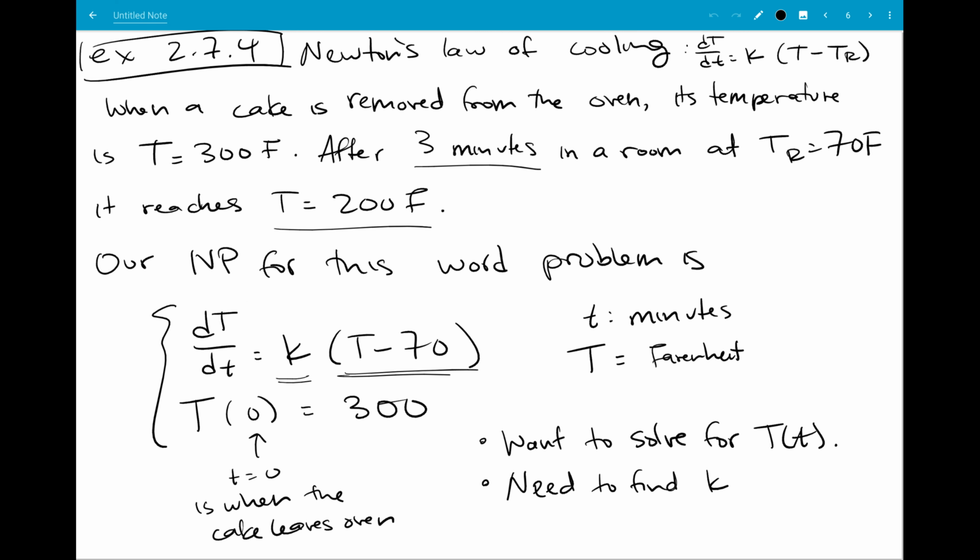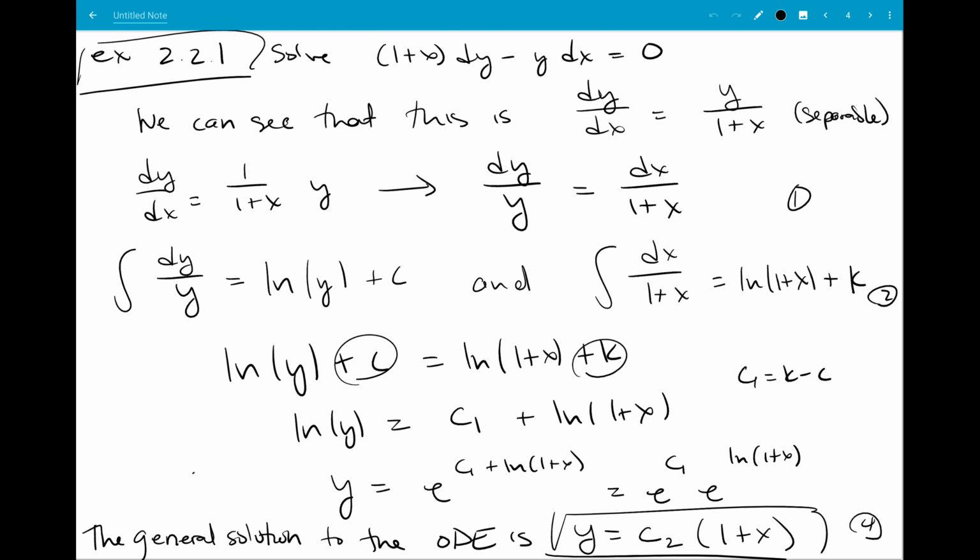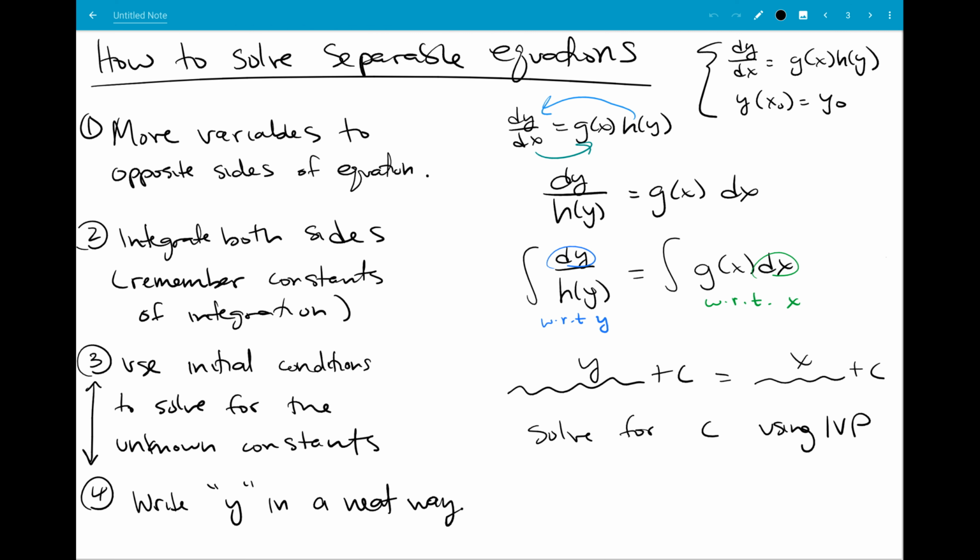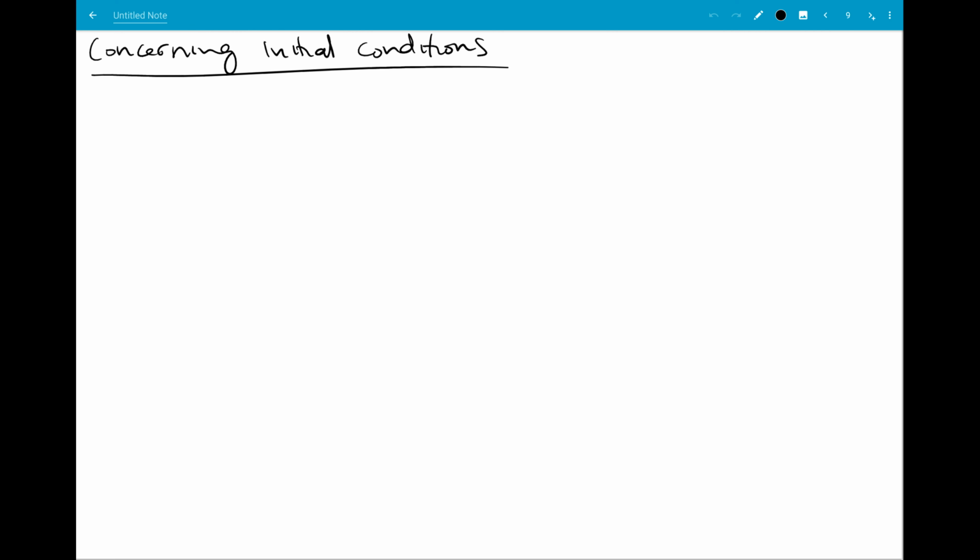But when I wrote down these steps way back at the start of discussing separable equations, I said that there could be some tricks to how you use the initial conditions and solve for y and all that. And so I'm going to go ahead and address that using the same example right now.